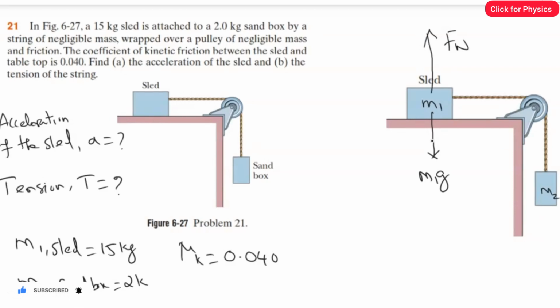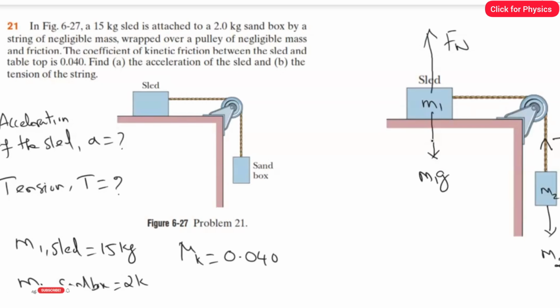Likewise, the right hand side is our sandbox. This sandbox is connected by a string, so the tension will be created here, and then the force due to gravity will be in this direction, which is M2 multiplied by g. So why did I give the names M1 and M2? Because we need not get confused about the force due to gravity for the sled as well as the sandbox. Clear? Because both objects have different mass. If it is the same, no issue.